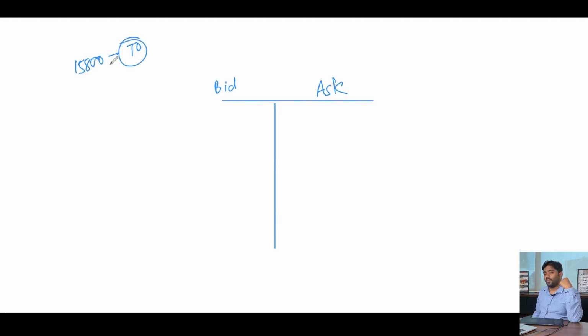When we place an order in any particular call option, there is generally no change in the spot price. But when we place a limit order to buy, if the price is 70, I'll try to place a bit less than this. So let's say I'll go with 69.80, and the seller might be sitting at, let's say, 70.20.